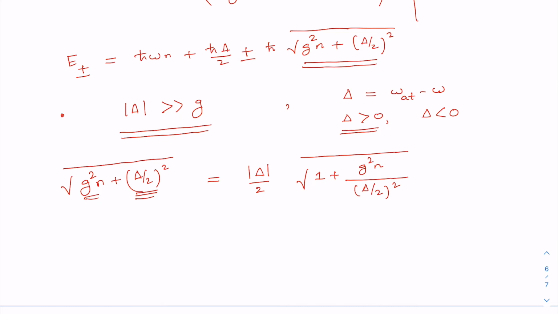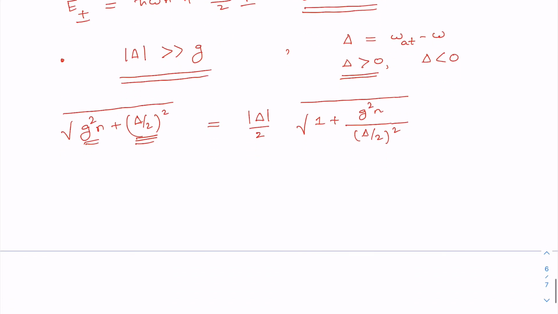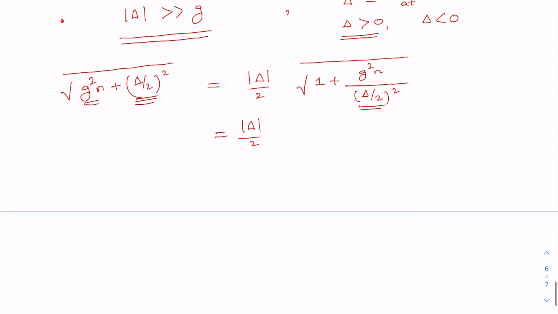Now, because this term is smaller than 1, I can do a Taylor series expansion, actually a binomial expansion. So I have 1 plus half, and you will have 4 ζ squared n by Δ squared, and then you will have all higher order terms there.